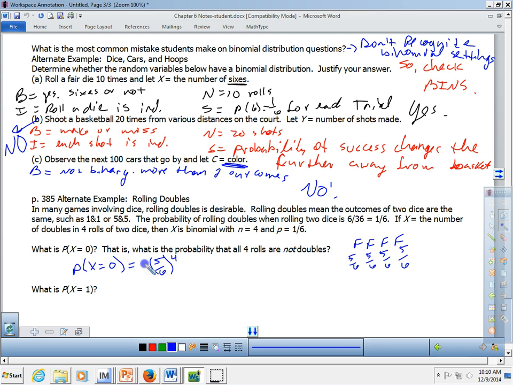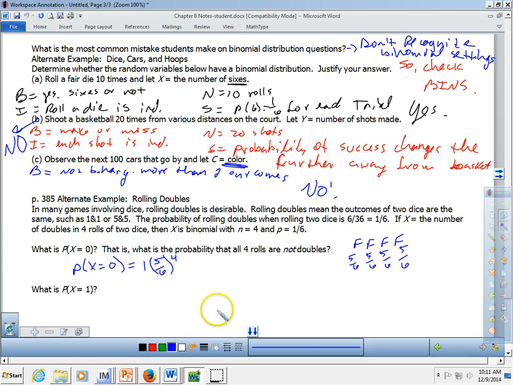And there's exactly one way that's going to happen. So I would take 1 times that 5/6 to the 4th. Now, it's unnecessary, but there's a reason why I'm putting it in there, and I'll show you why in just a second. Okay? All right, so no problem. We can go do 5/6 to the 4th power and find that probability. I'll let you guys do that.